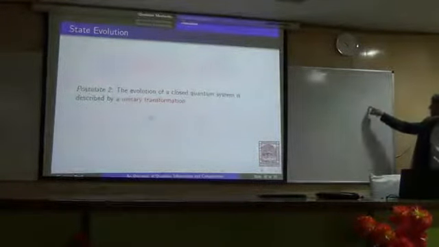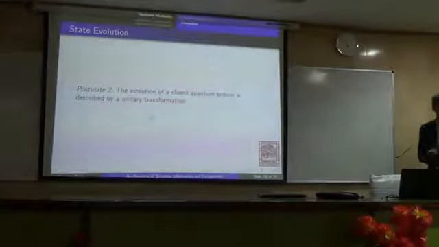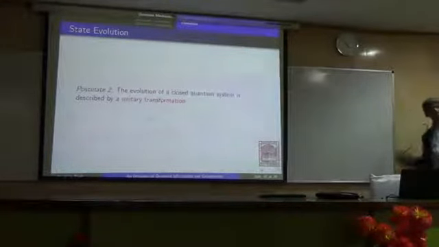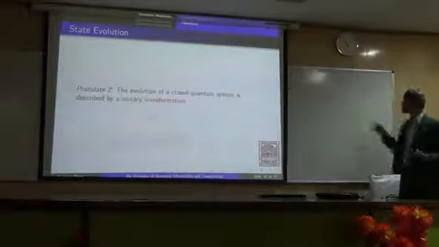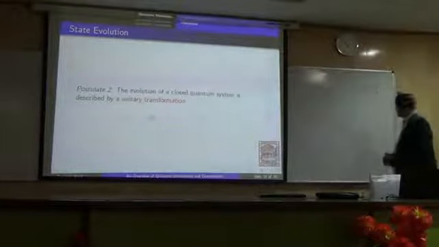Now dagger, this notation, means, because U can have complex entries, it's a complex matrix, you transpose and take the complex conjugate. Complex conjugate means if the complex number is x plus iy, you take x minus iy. As simple as that.